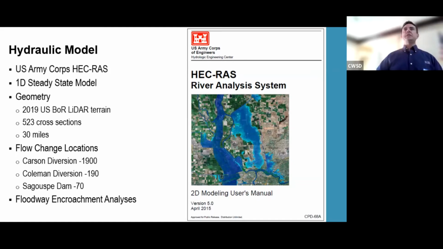Now this is different from a two-dimensional model, which is kind of an area grid, and water can move in two dimensions. Here, water is only moving in one dimension. This was chosen because this reach of the river is fairly well confined. You don't have a lot of flow splits or floodplain overbank flows, especially with those reduced flows out of Lahontan.